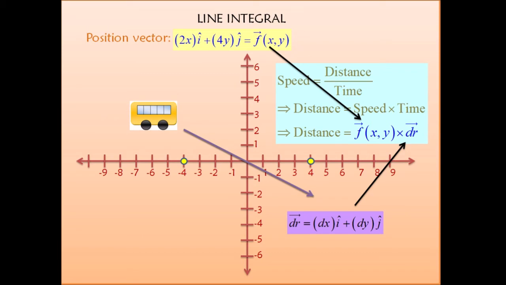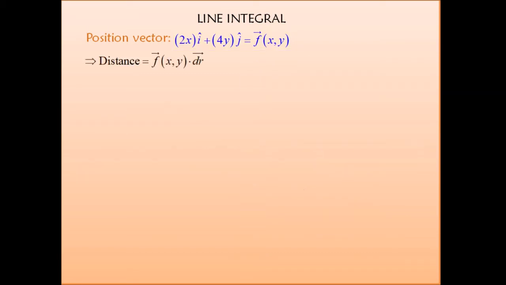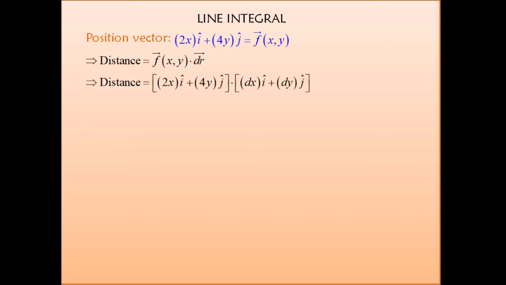So what do we get here? We get distance equals f vector xy dot dr vector, which is further equal to 2x i cap plus 4y j cap dot product with dx i cap plus dy j cap.